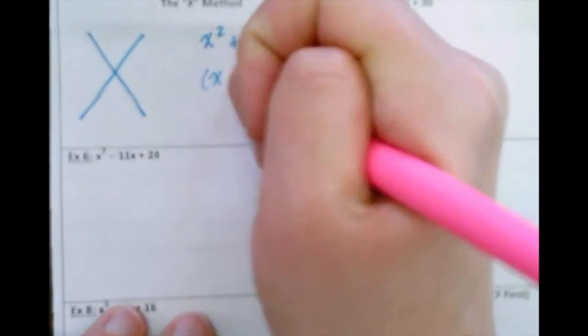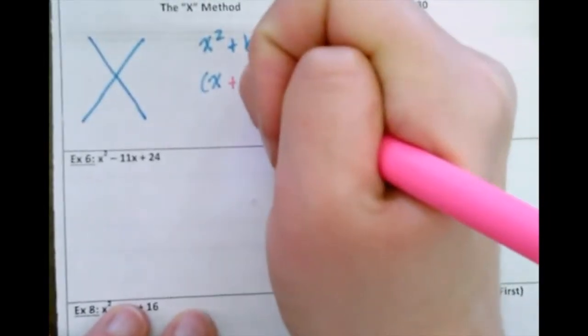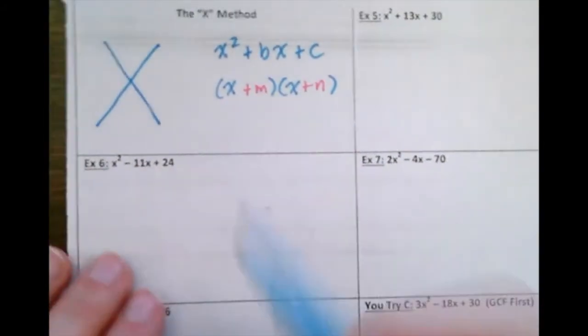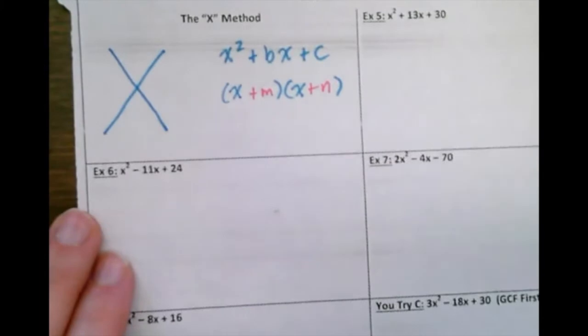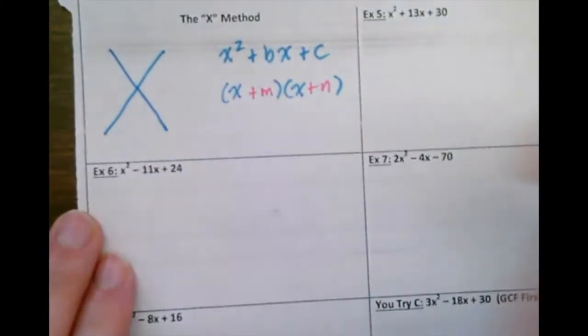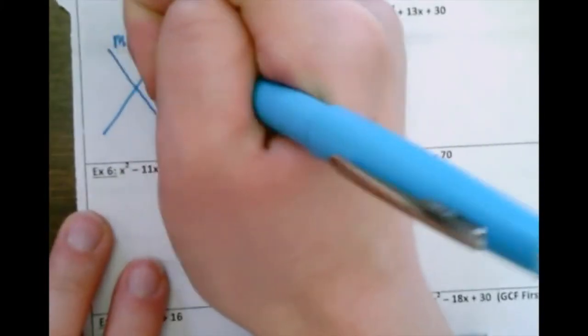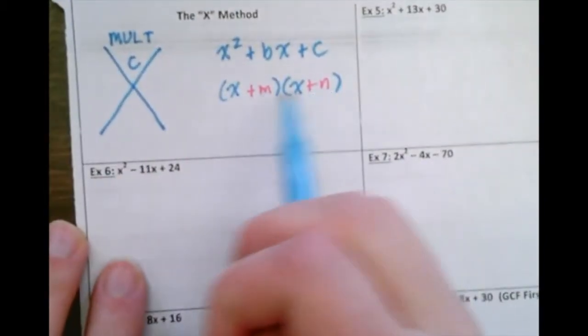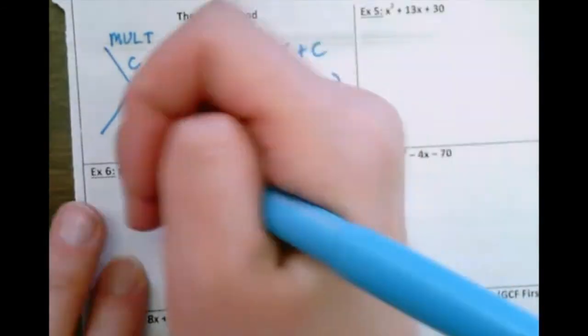And then we have plus some number, and I'm going to call those numbers m and n. Then we saw a relationship. We saw that those two numbers would multiply to give us c, and that m plus n would add to give you your b value.